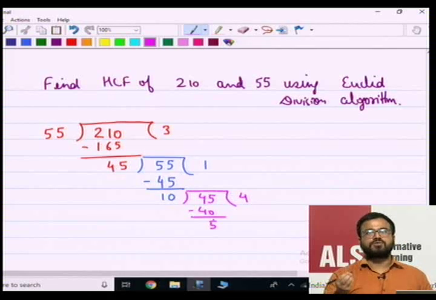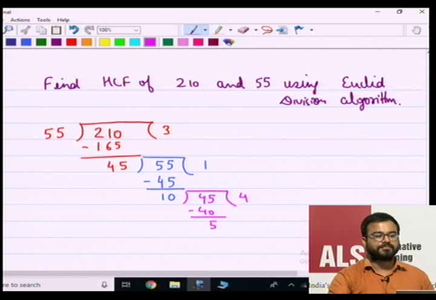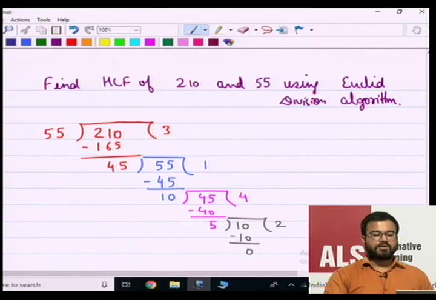Still it is not 0. So again the divisor in this step, which is 10, will become the dividend in the next step. 5 times 2 is 10. Now in this step we are getting the remainder as 0.